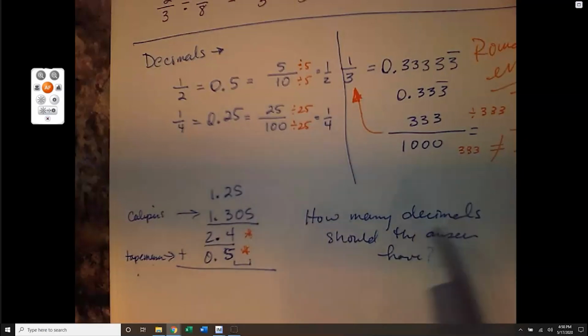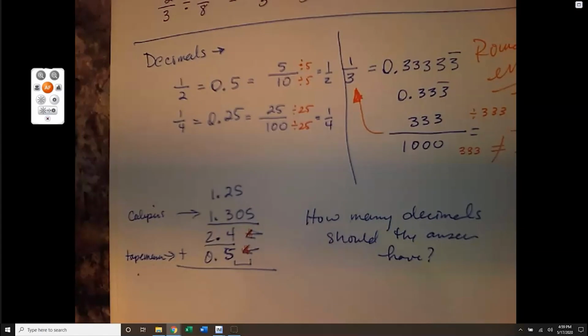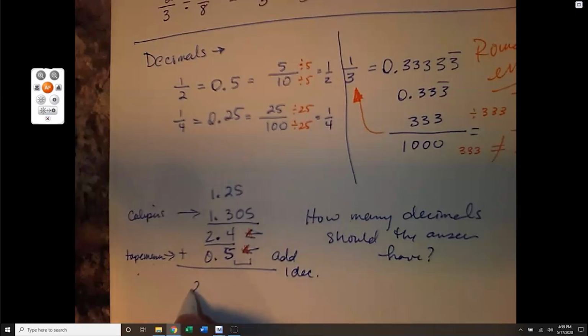So how many decimals should the answer actually have? In this class, what we're going to use is, if we find what the least accurate components are to the question, then we can add 1 more decimal beyond that. So I would look for the answer for this problem to be in 2 decimals.